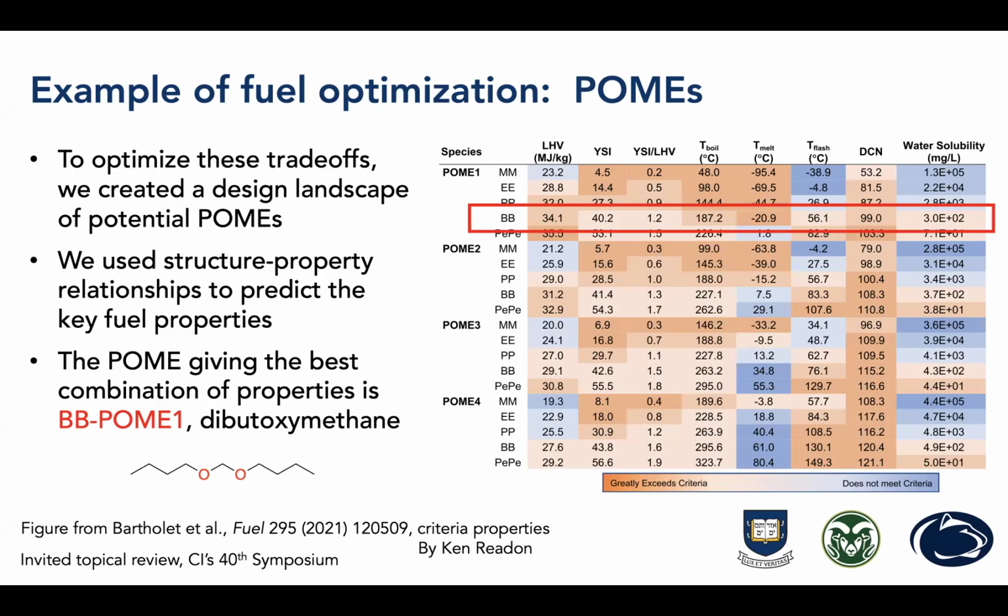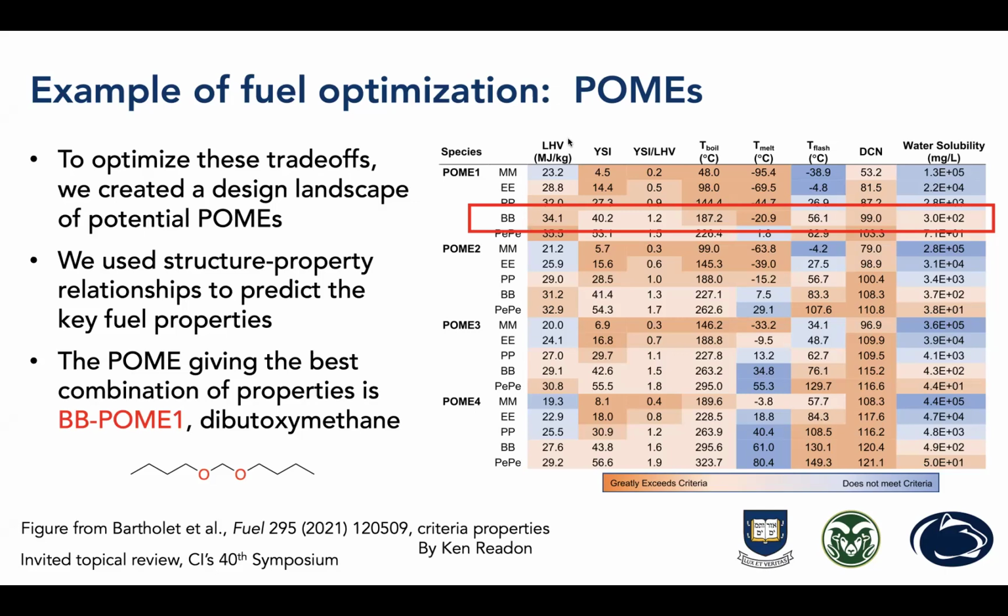The POME giving the best result is the butyl substituted one, as shown in the table here, and the criteria properties were provided by Ken Reardon. The reds are good, exceeding the criteria, and the blues are bad, not meeting the criteria. We see that the butyl one exceeds the criteria.